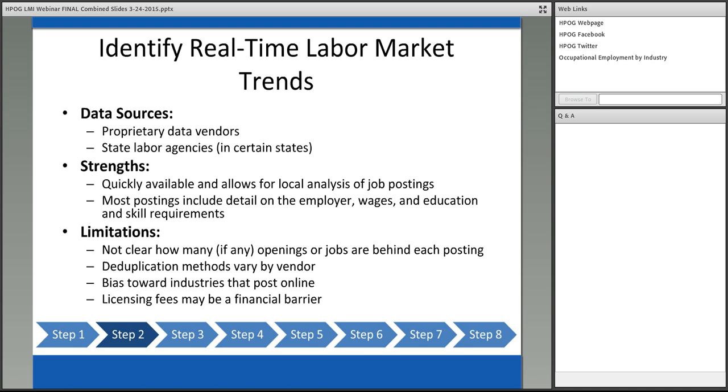Industries like healthcare and information technology already post many of their job openings online, but other industries like construction tend to hire through alternative channels. And as I mentioned, since this data is gathered through proprietary vendors, they do charge licensing fees, which can be a financial barrier for some program planners.